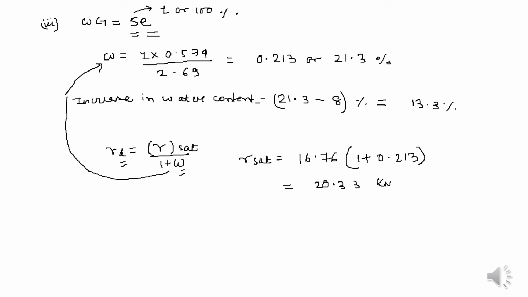My previous unit weight of the soil of the embankment was 18.1, and now after rains it has become 20.33. So what is my increase in the unit weight?